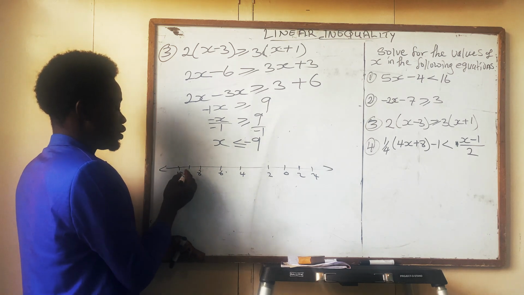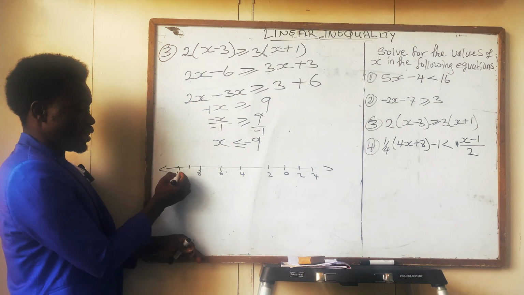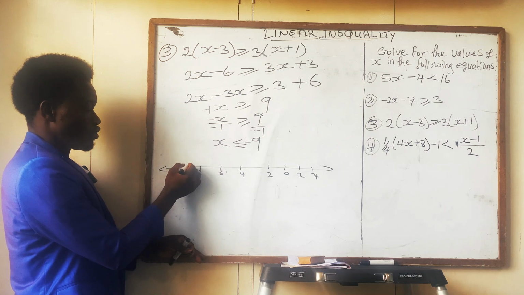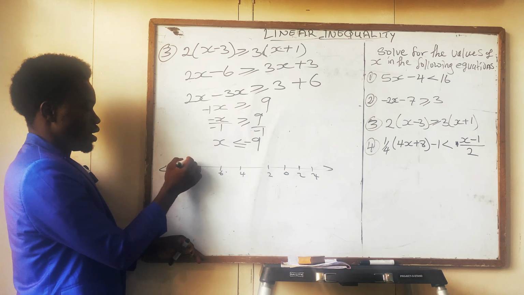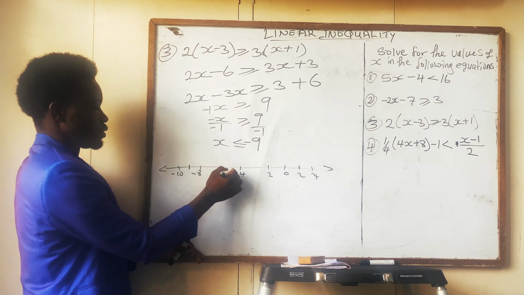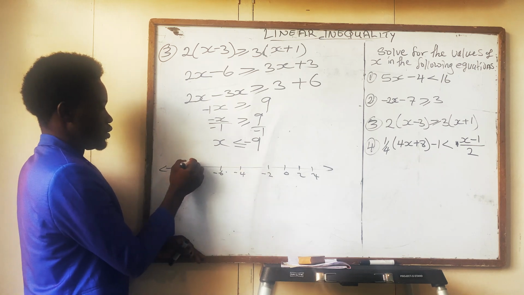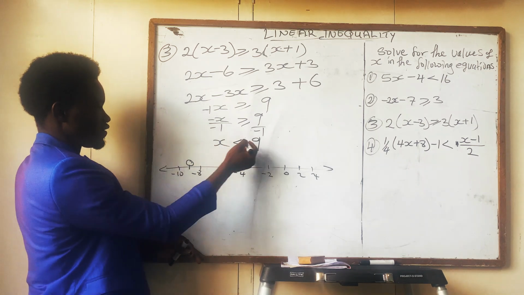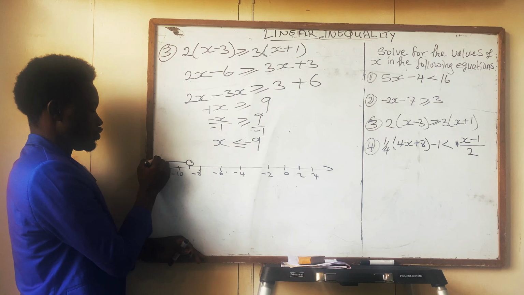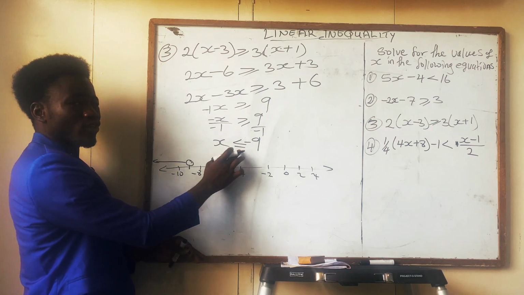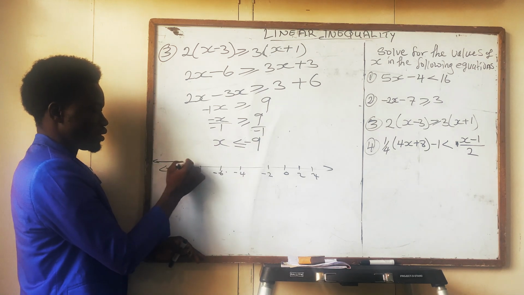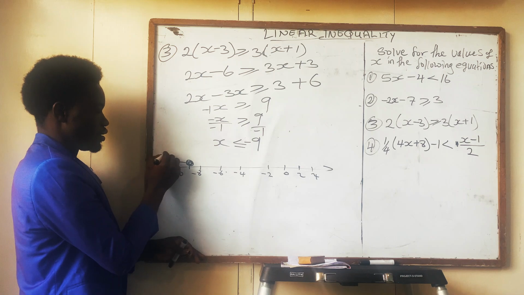So it means my 9 will be in between 8 and 10. So I can draw it there and write that the sign is pointing this way. So I also draw it. Now it is less than or equal to, so therefore I shade it, right? And then right there.